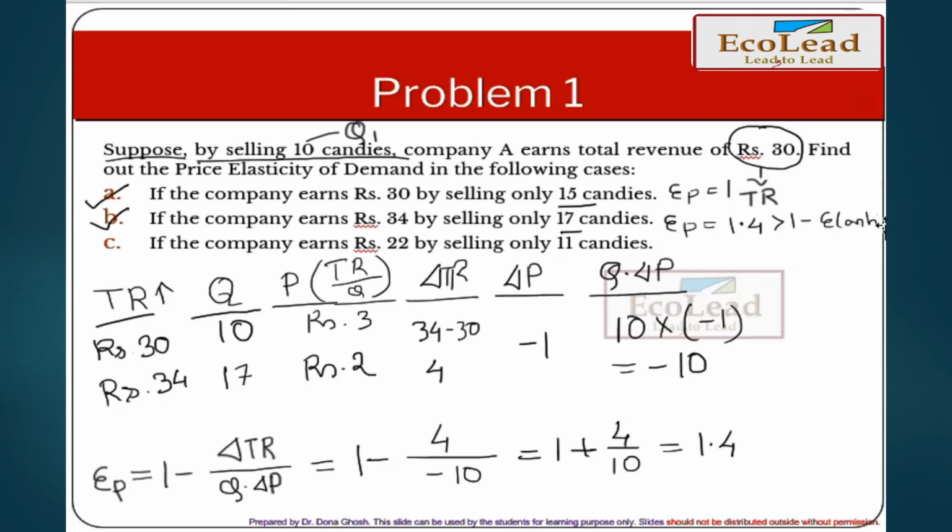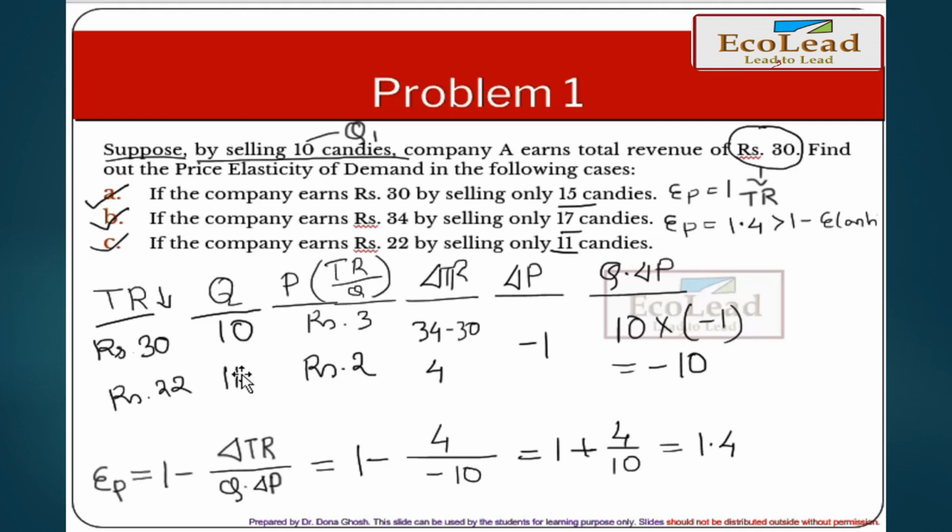Now we will solve for question C. Here at question C, the final value of the total revenue is 22. That means the total revenue has decreased. Now if you look at the quantity here, the quantity is 11.